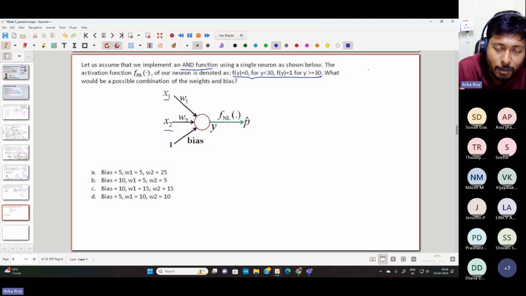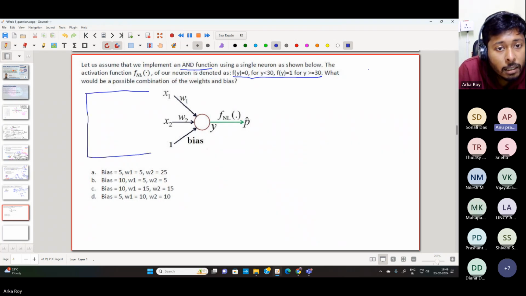There is no other alternative. So you need to do the whole calculation. Anyway, I think with practice it will be easier. One more query, sir. There was one more question with the OR gate, with the OR function.